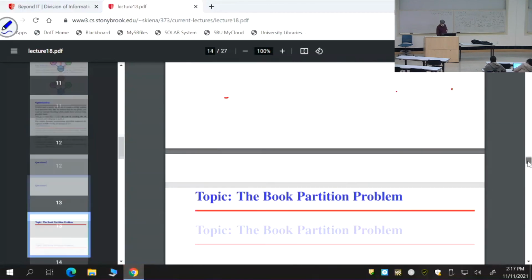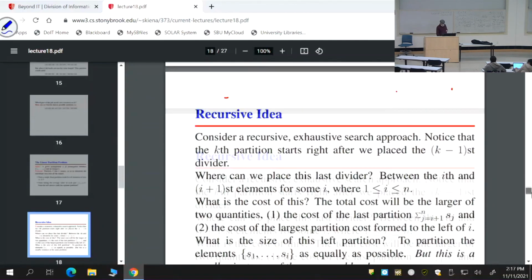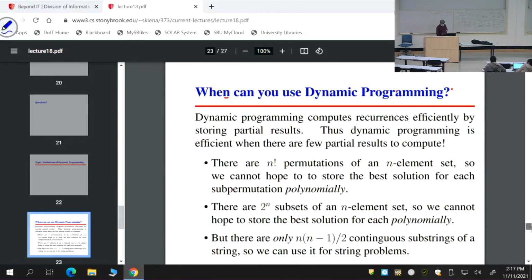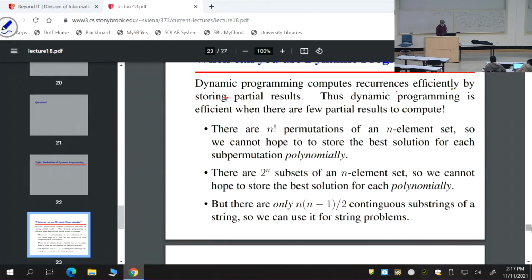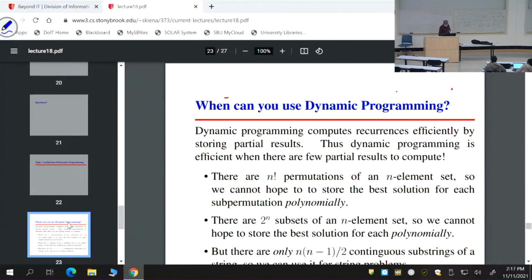Okay, what I'd like to do now is give you a quick philosophy on dynamic programming again, just to make sure we're getting it right. One is that dynamic programming is good when there is an order on the things. Dynamic programming is good when we have a recurrence and there are few results to compute.